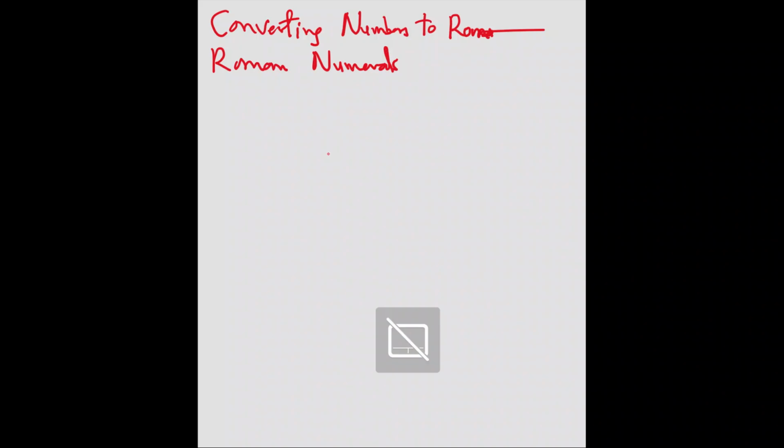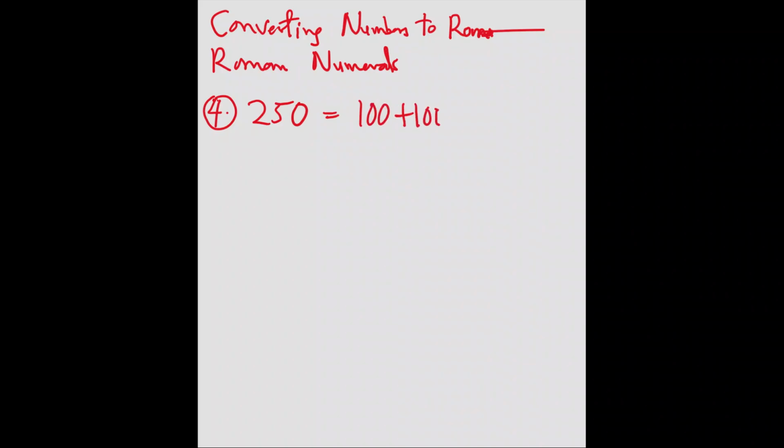Just want to move it to a bigger number. So we'll do 250. Number 4. 250. So 250 is 100 plus 100 plus 50. This one is pretty easy. This is C. We already know 100 is C. C. 50 is L. Okay. So we get C, C, L.